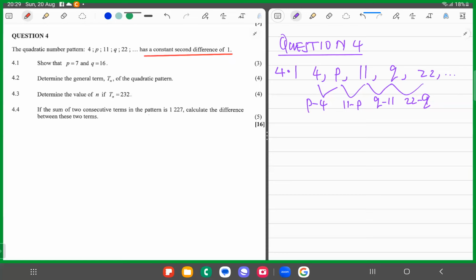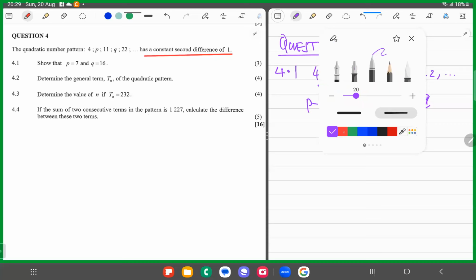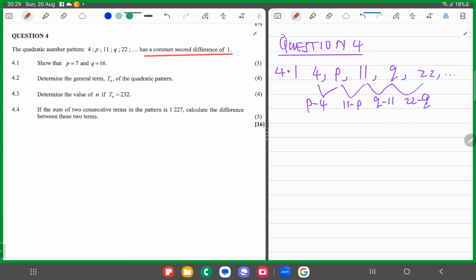What do we achieve out of these? We get further differences because we must continue to the constant second difference, which we have been told is 1. If we subtract, 11 minus p minus (p minus 4) is the same as 15 minus 2p.